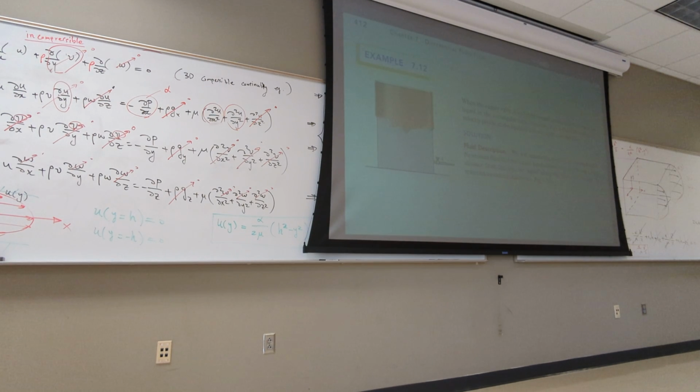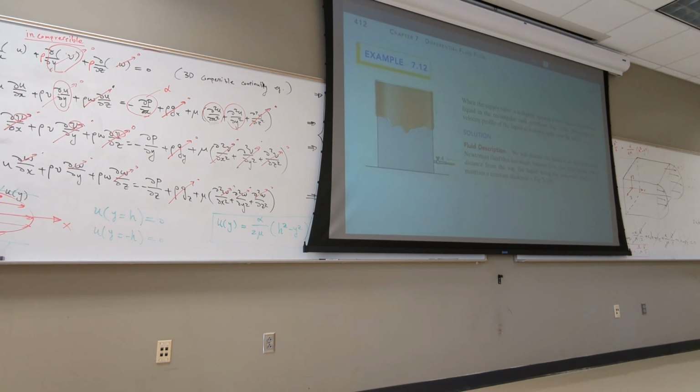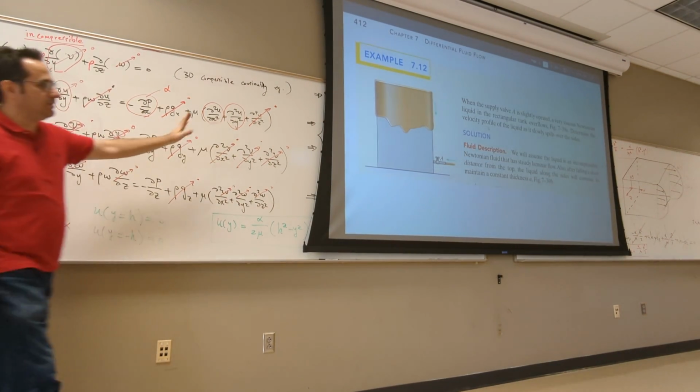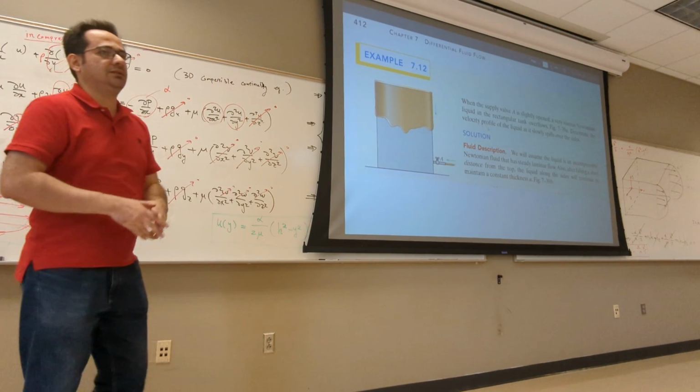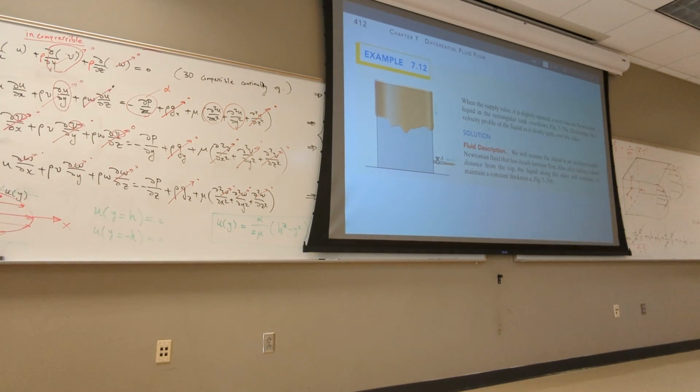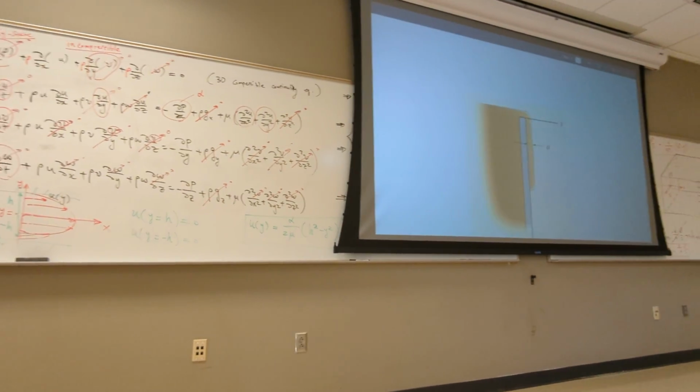Again, we are going to write these equations. That's what we are going to do in the final exam. I'm going to give you this equation, and you have to show me which term is zero, which term is not zero, and then you simplify it, and then you solve it, and then you give me the final result. All right? So this is what we're going to do for this system.